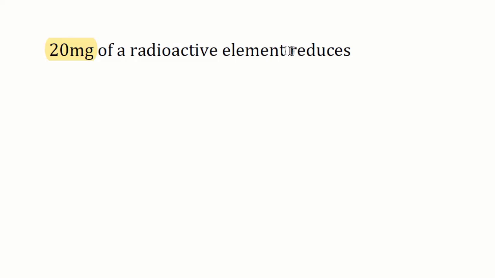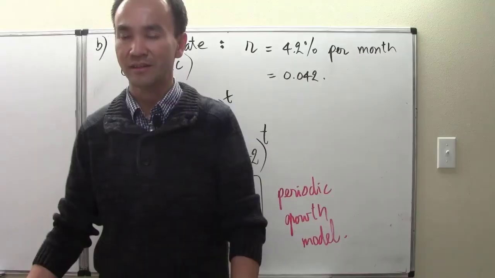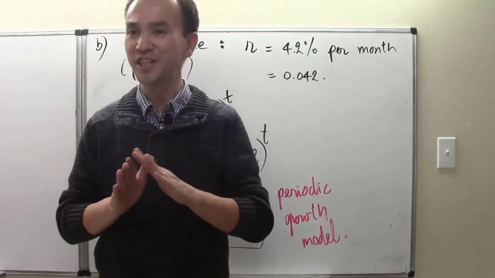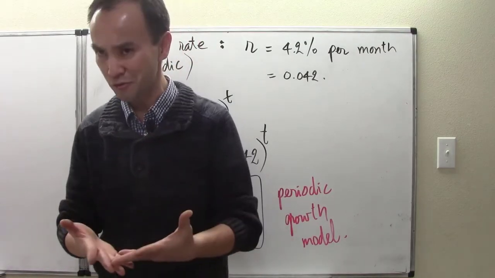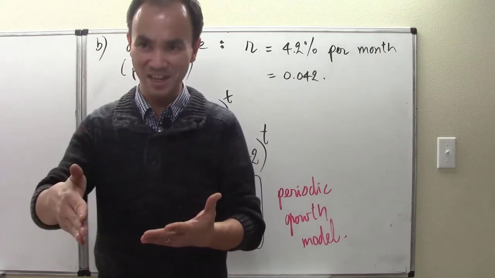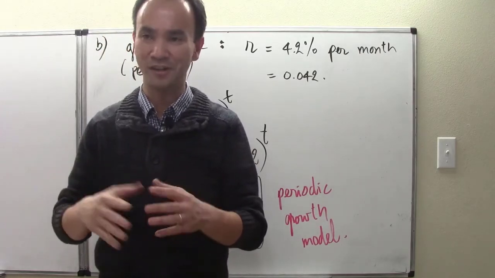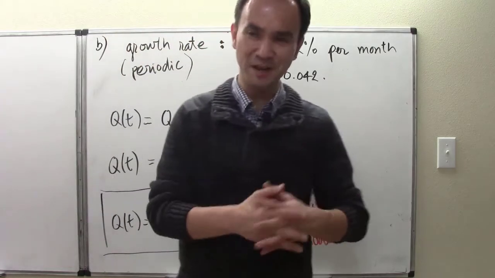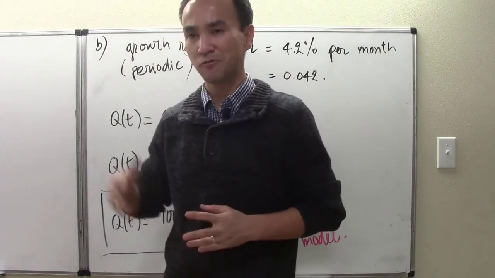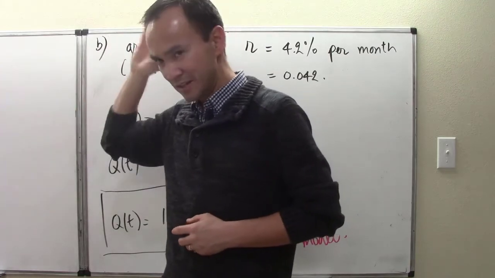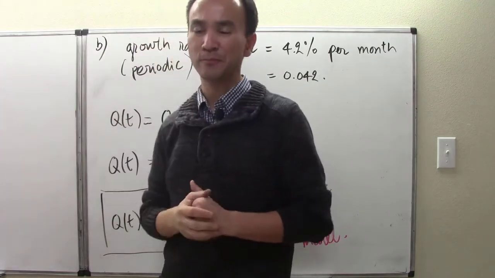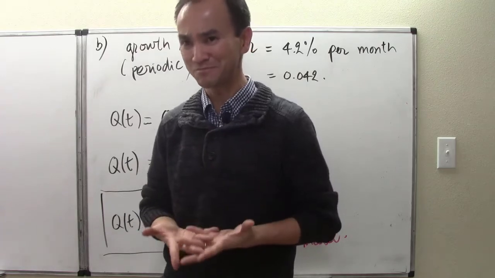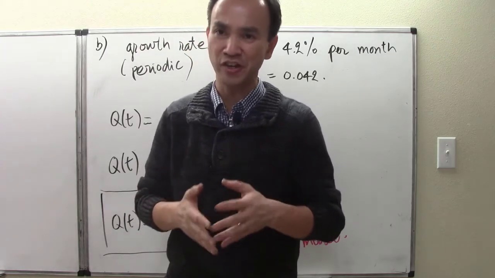With this term reduces, what caught my attention is that we're no longer working with a growth problem. So in this example, get ready for an exponential decay problem. We've been doing exponential growth in example 3 and example 4, and now let's get some good experience with exponential decay.